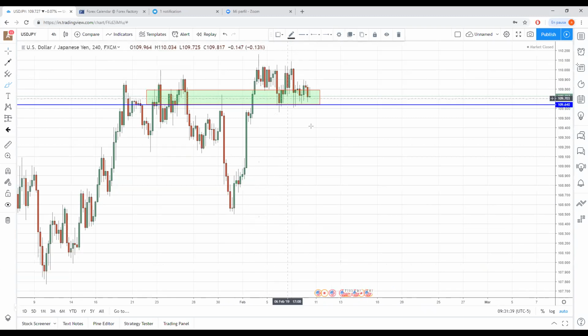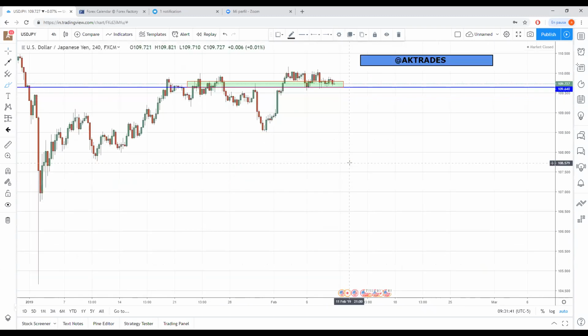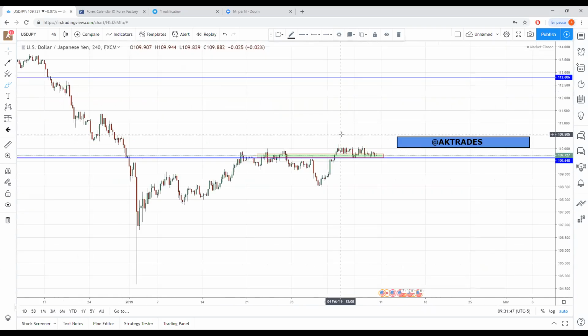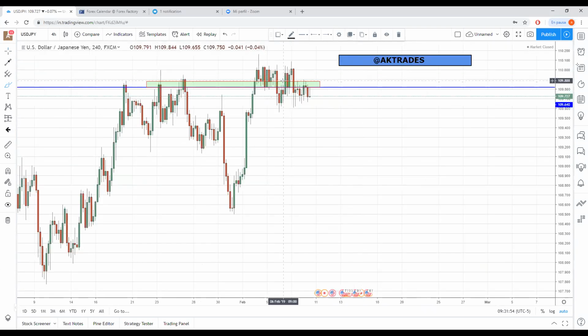So the short idea is still valid. Prices just went in a range this week, but this trade is now very 50-50 because this could be just accumulation of longs.